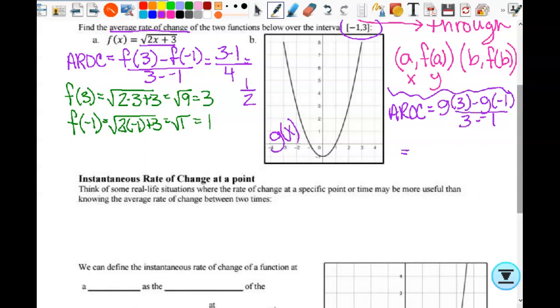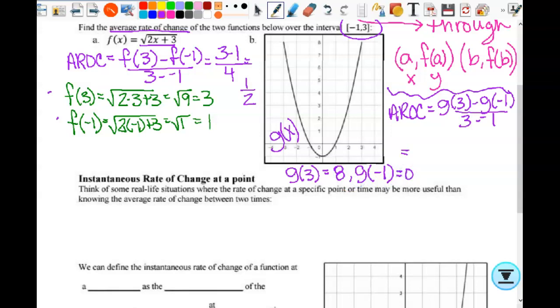Still, it's not a bad idea to write it down because sometimes it can help, especially like when we were doing the IBT and stuff. Even though it's not asking me to, I'm not having to figure it out like I did over here, I want to at least write it down. So g of 3, what is g of 3? 8, okay? And what is g of negative 1? 0, okay? So I'm at least writing down what it is.